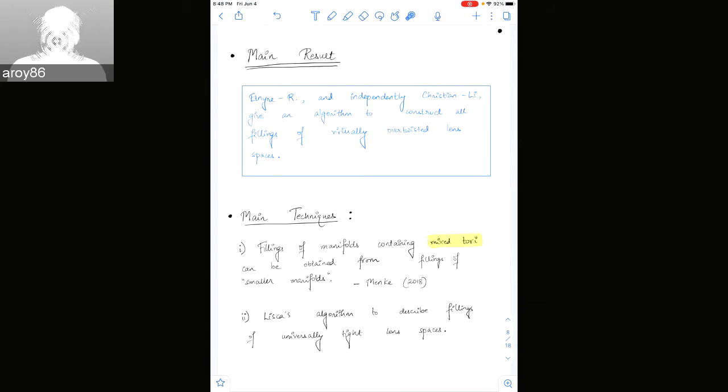So given a virtually over-twisted lens space, you can cut along mixed tori and reduce to lens spaces whose fillings were understood by Lisca. Combining Menke's decomposition result with Lisca's algorithm to construct and describe the fillings of universally tight lens spaces, we get an algorithm to describe and construct the fillings of virtually over-twisted lens spaces.